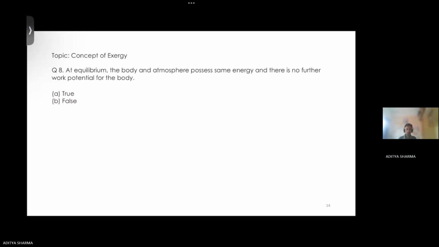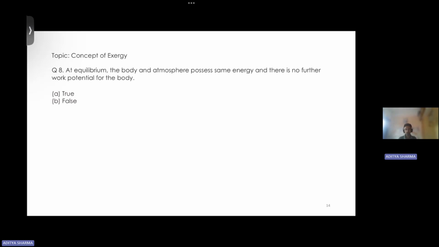So when a system attains dead state, right, comes in equilibrium with the dead state, in that case, it has no further potential to do any work, right? And this is what the statement is also saying here, right? So at equilibrium, the body and atmosphere possess.